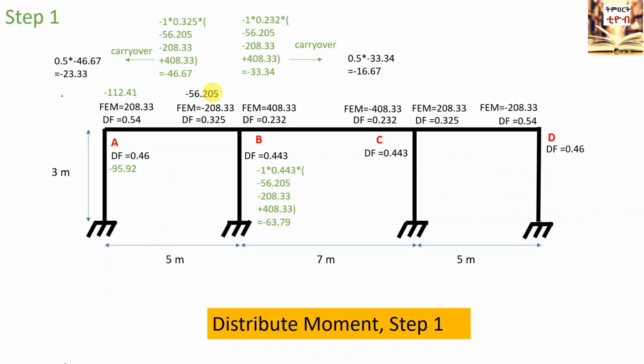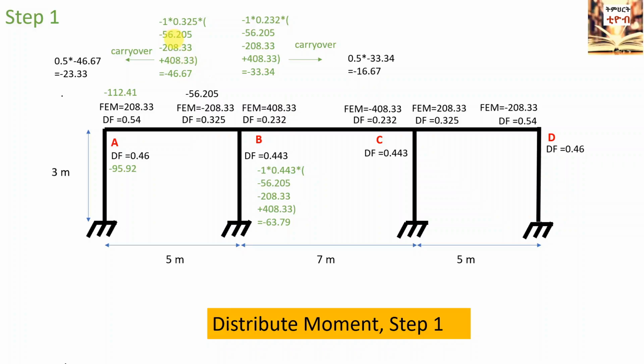In the second stage of the first step, we will jump to joint B and release this joint. As you see, the amount of moment we need to add for balancing at the joint equals the sum of the moment that is carried over from joint A and the fixed end moments of the member BA at joint B and the member BC at joint B that we calculated previously.